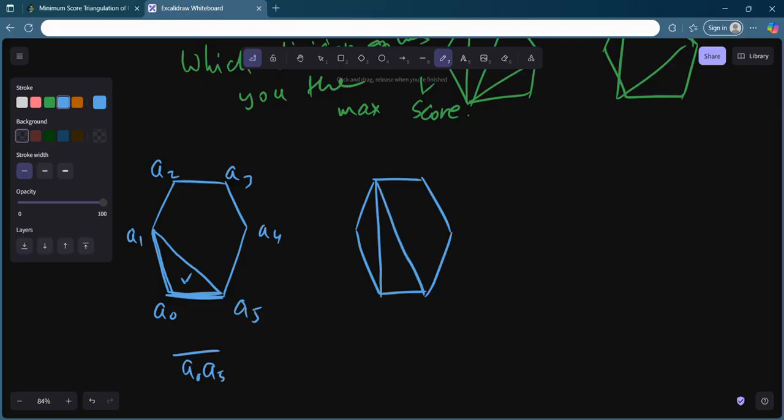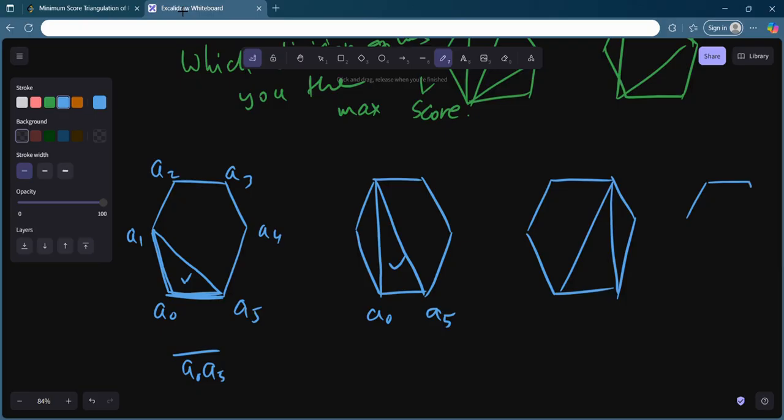I could have formed this triangle, and I could also have simply formed this triangle. So using A0, A5 as base, is there any possible way that I could have formed some more triangles? You see, there are no possible ways.